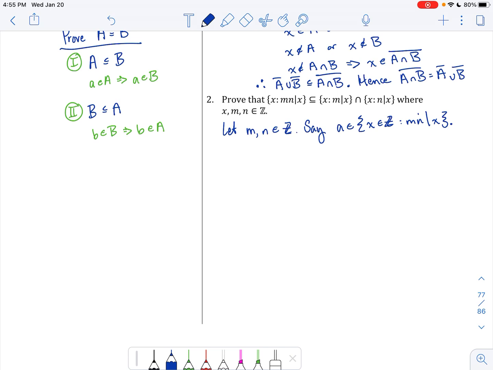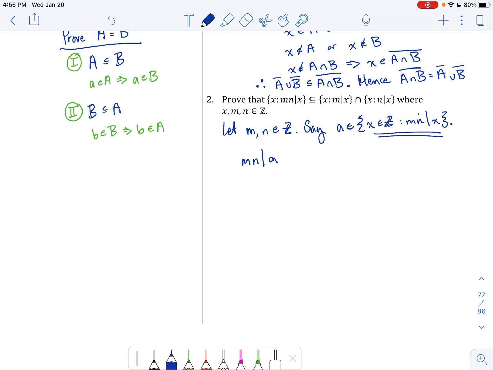Since we know that A is in this set here, that means that MN divides A. That's what it means to be an element of this set.